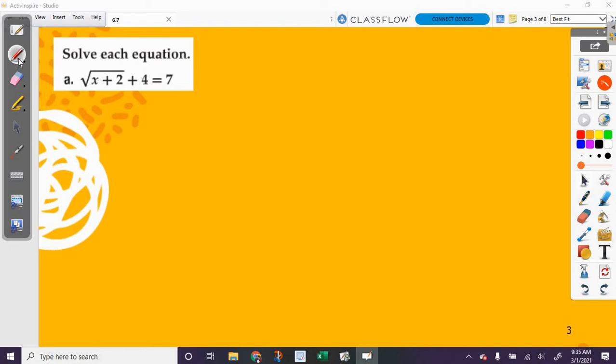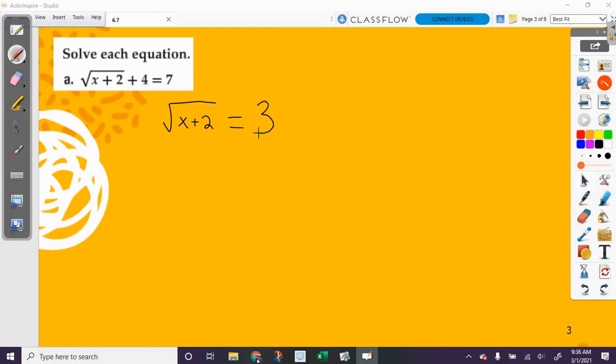So in this case I have a square root of x plus 2. So I need to move anything that is next to or in front of that radical to the other side. In this case, we have a plus 4, so we would need to subtract 4 from both sides. So we end up with 3.